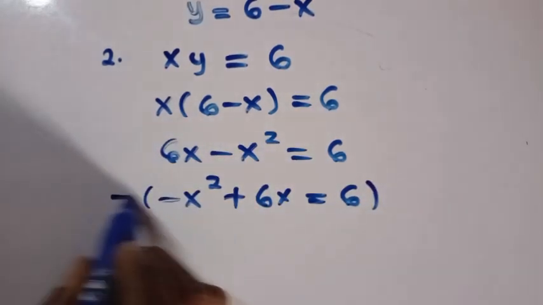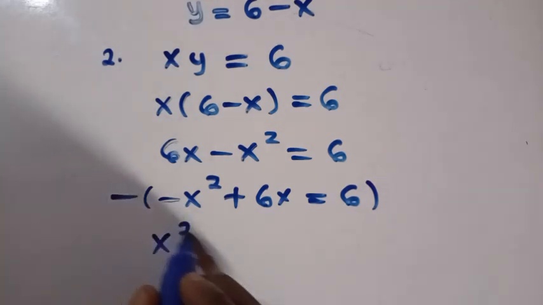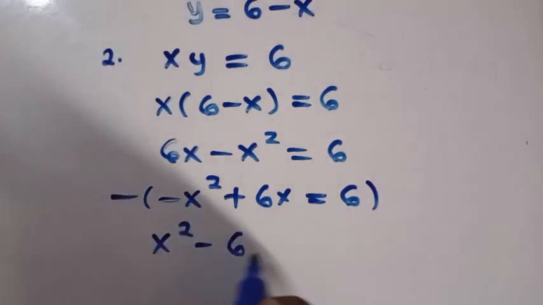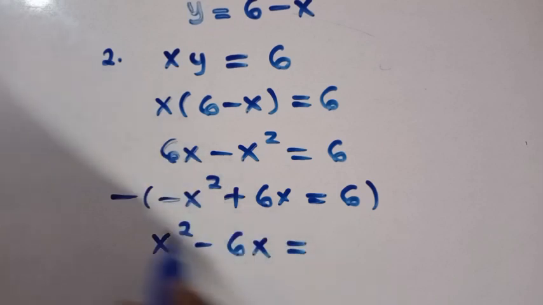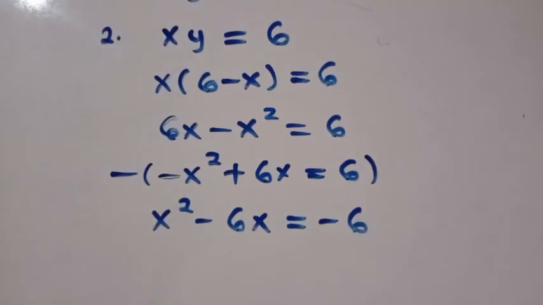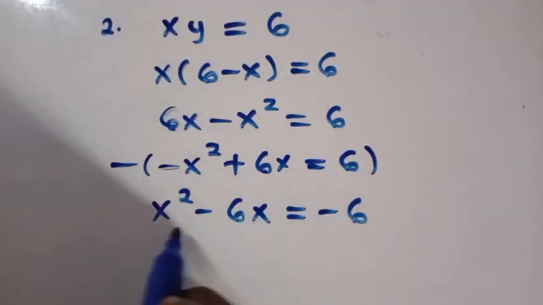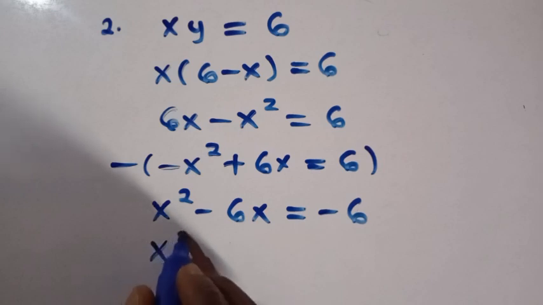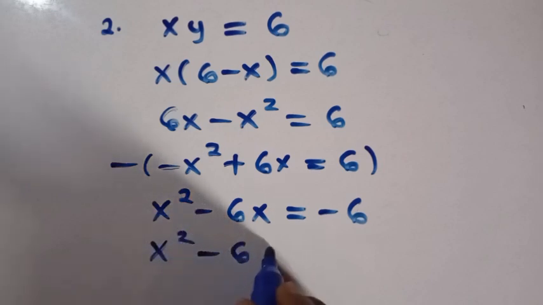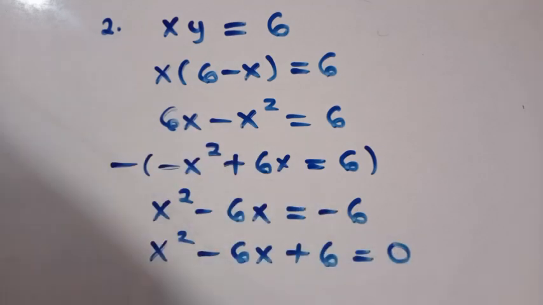So by multiplying the whole of this with minus, we have x squared minus 6x equals minus 6. And then let's take negative 6 to this side. We have x squared minus 6x plus 6 equals 0.